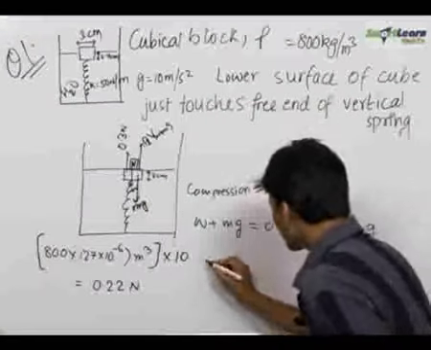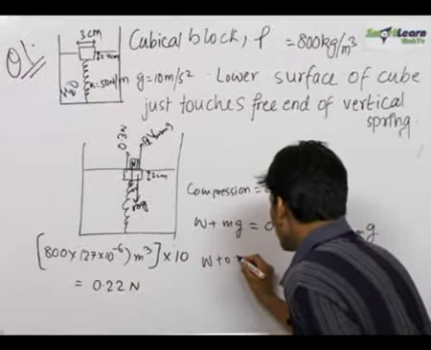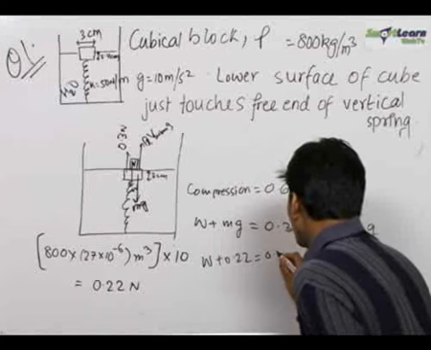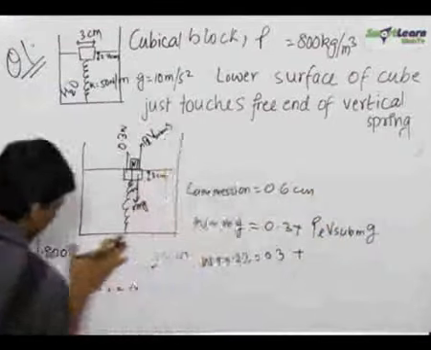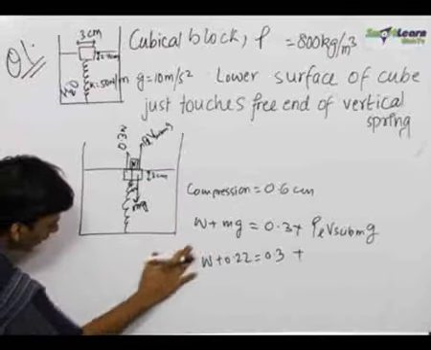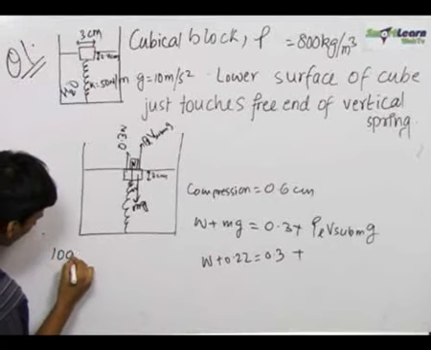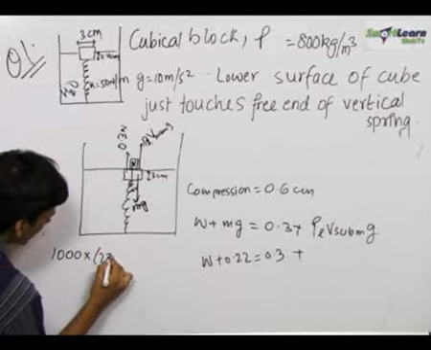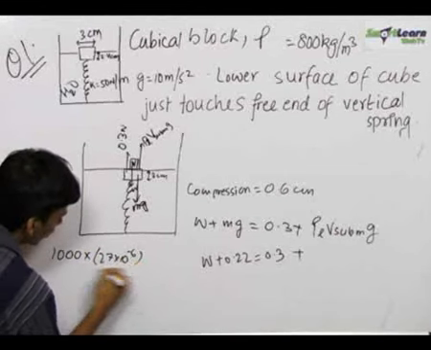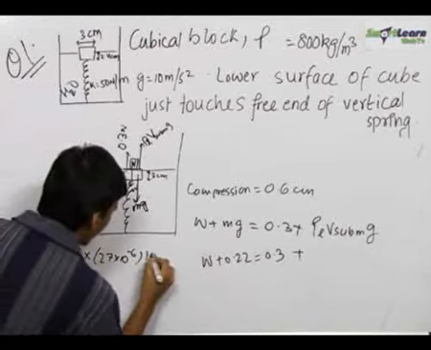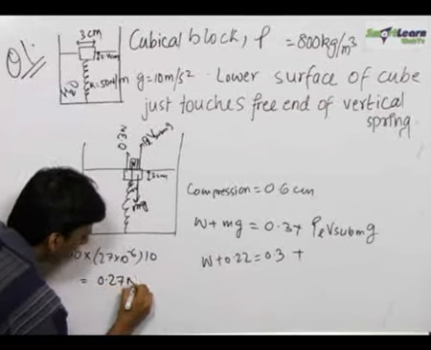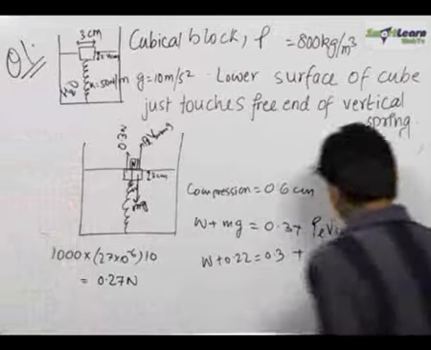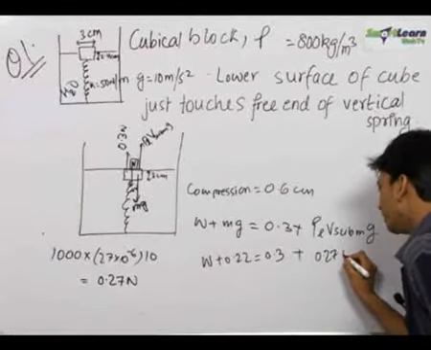So we substitute 0.22 over here. 0.22 is equal to 0.3 plus rho liquid V submerged into g. Let us calculate this quantity now. Rho liquid is equal to 1000, V submerged is 27 into 10 raised to the minus 6 meters cube and g is 10. So this gives us the value to be 0.27 newtons. So we substitute 0.27 newtons over here.